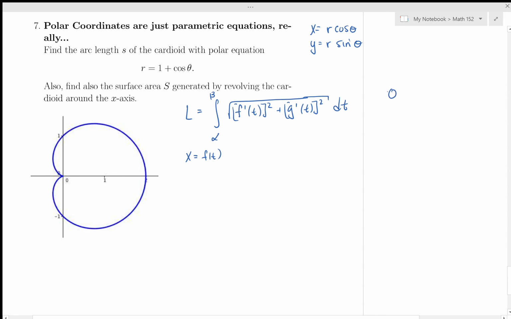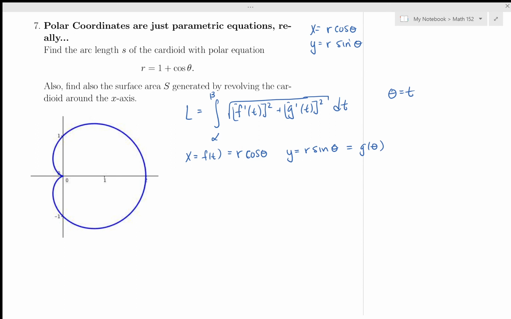That is going to be r cos theta, and similarly y is r sine theta. Okay, and that is g of t. Now be nice and call it g of theta. Okay, so t is theta. Theta is our parameter. We always use theta as the parameter in polar coordinates.